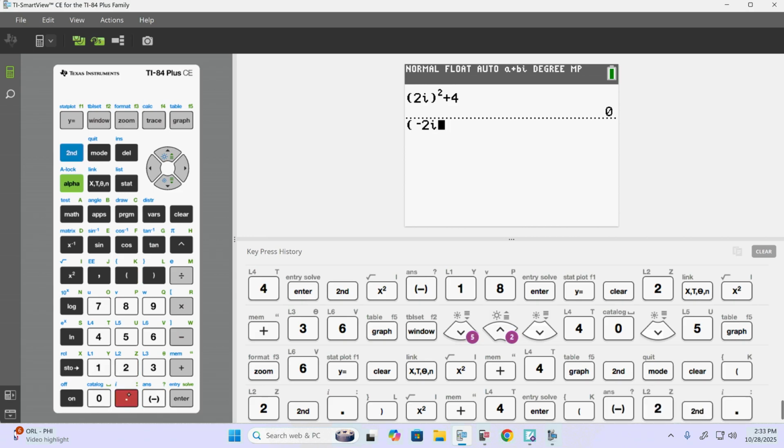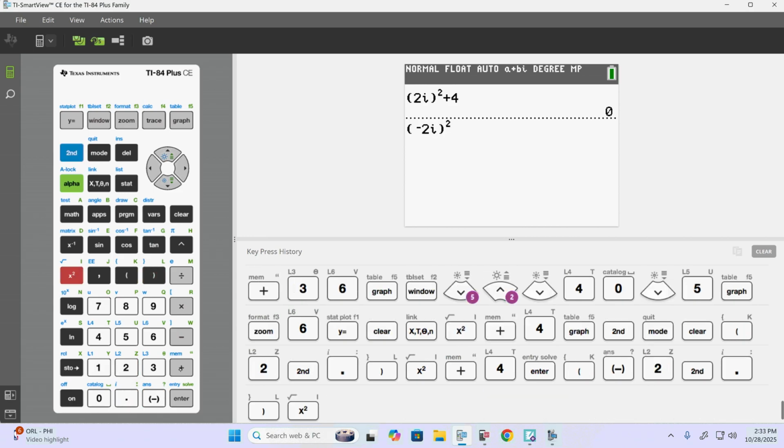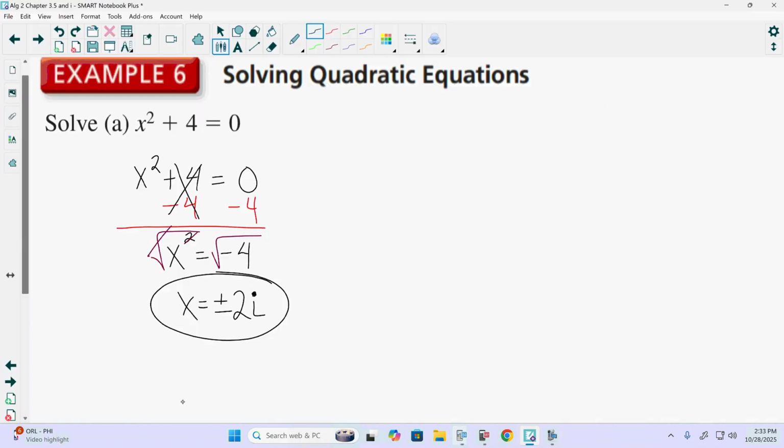I can do the same thing with negative 2i squared plus 4. And this should also equal 0. It checks. It says that positive 2i and negative 2i do indeed make the equation x squared plus 4 equal 0. Questions on this here? We ready for the next one?